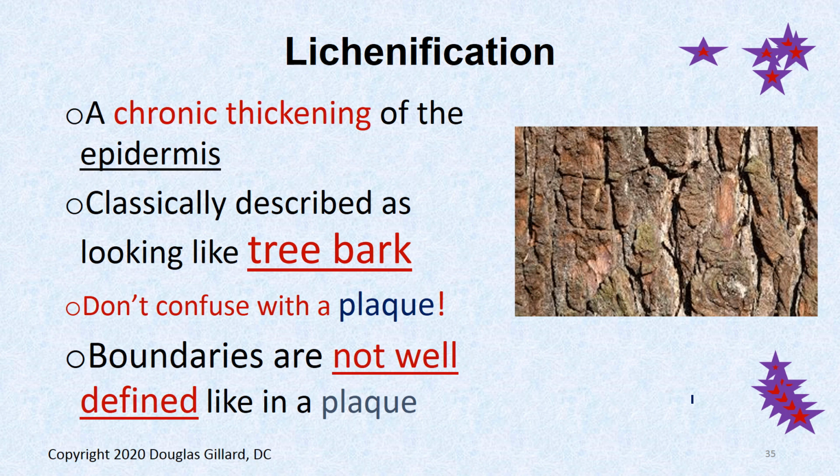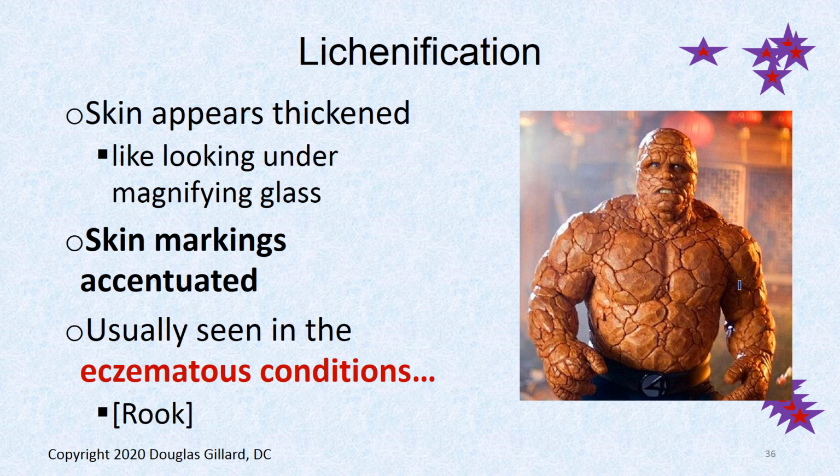Now, finally, the tree bark. So lichenification. This one is a little tougher to find the border on. It's a raised lesion. It could really be any size, but they're almost always bigger than 1 centimeter. And it's classically said to look like tree bark. The key is the borders are not well defined.